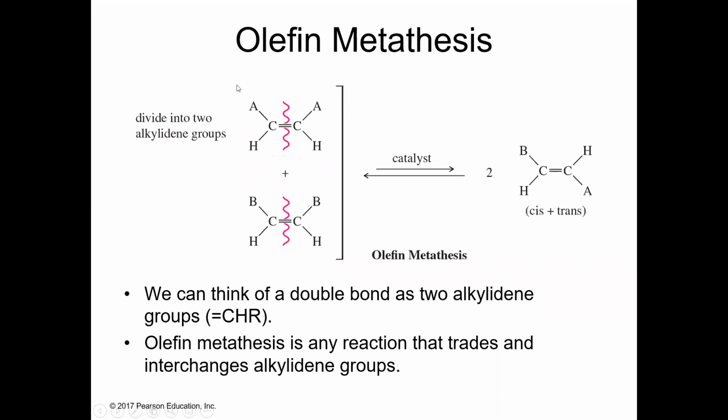This part adds to this part, and this part adds to this part. We'll get two different alkenes. So olefin metathesis, remember olefin is another name for alkene, is any reaction that trades or interchanges alkylidene groups.